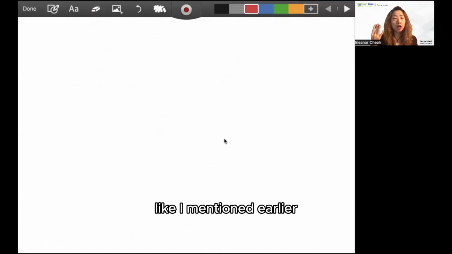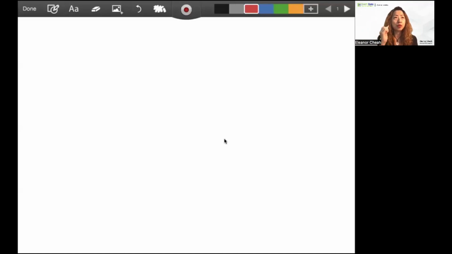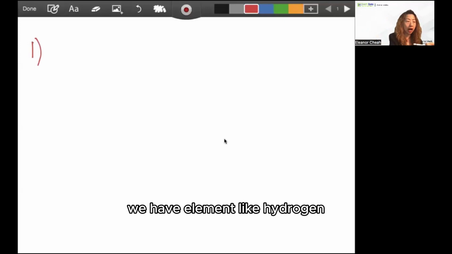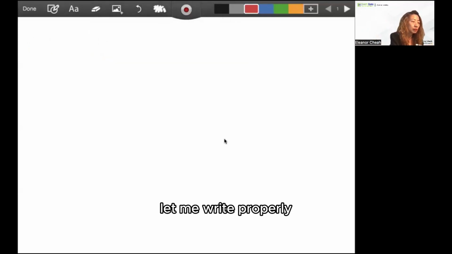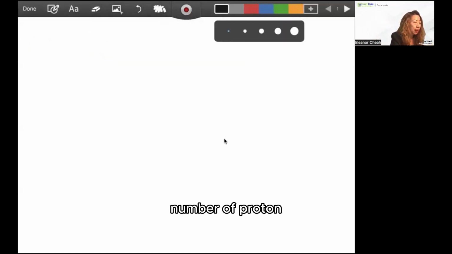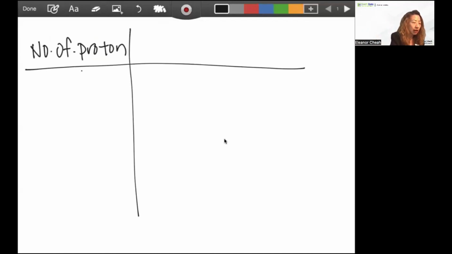Like I mentioned earlier, each element has its certain number of protons, starting from proton number 1, we have an element like hydrogen, which has 1 proton. Let me write properly. Number of protons, starting from hydrogen, it has 1 proton.